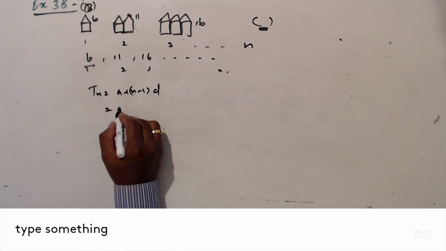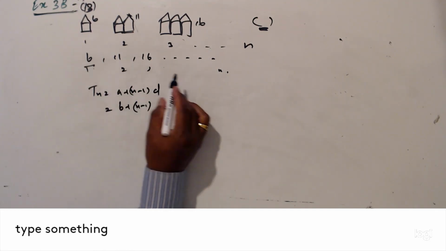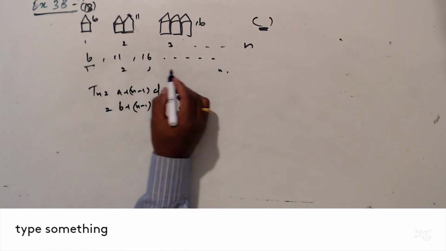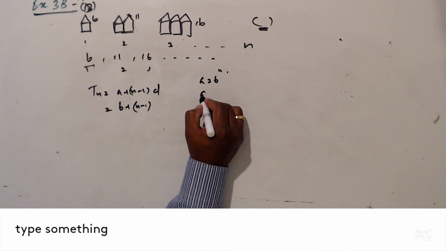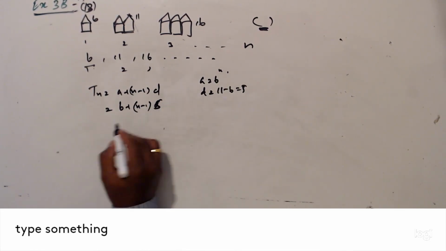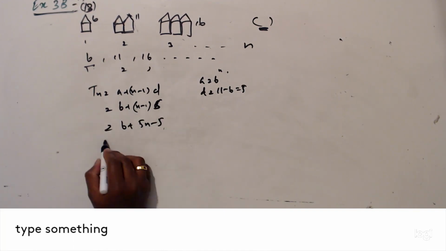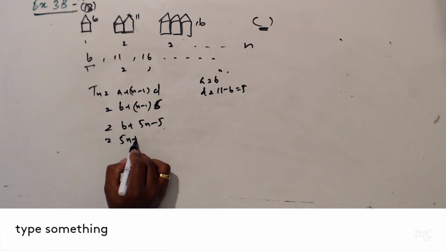So a equals 6 and d, the common difference, equals 11 minus 6, which is 5. Then 6 plus 5 times n minus 1, 5n minus 5, that is 5n plus 1.